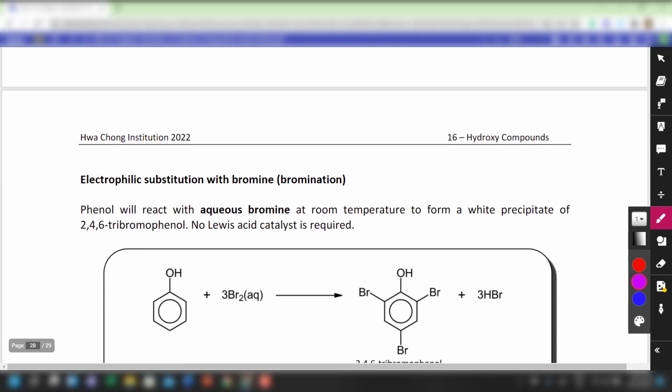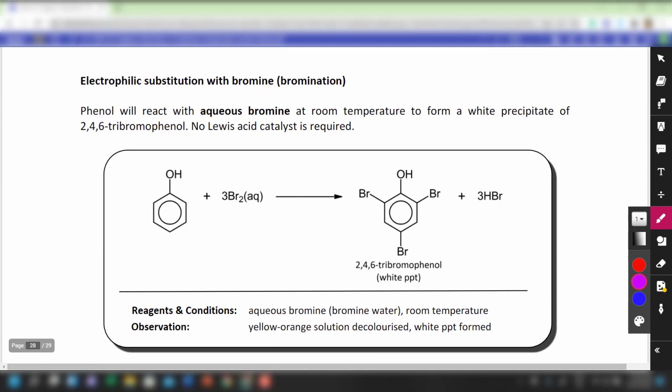Then we move on to the tribromination. The electrophilic substitution of bromine will easily result in tribromination. One of the key things which students tend to write wrongly is the byproduct, which is HBr. Some students will not remember the byproduct is HBr because they forgot that the H here is being substituted.